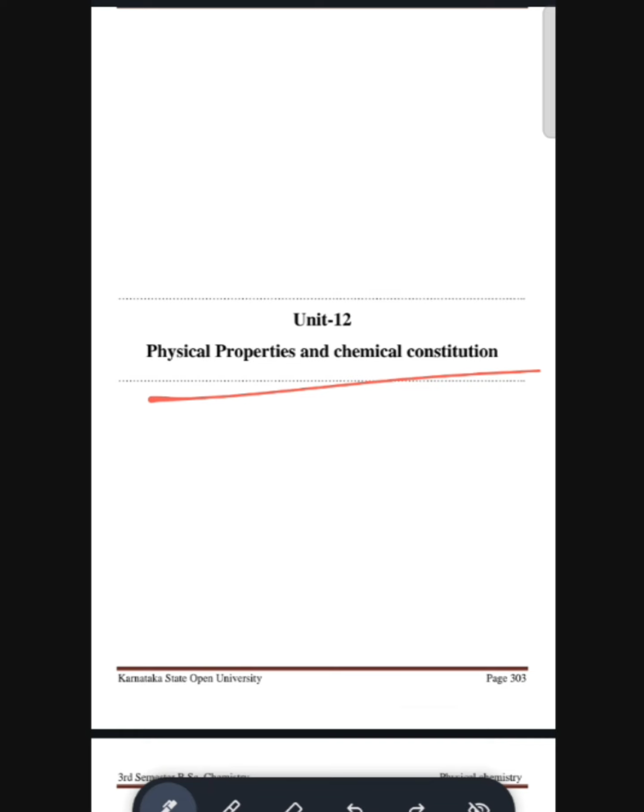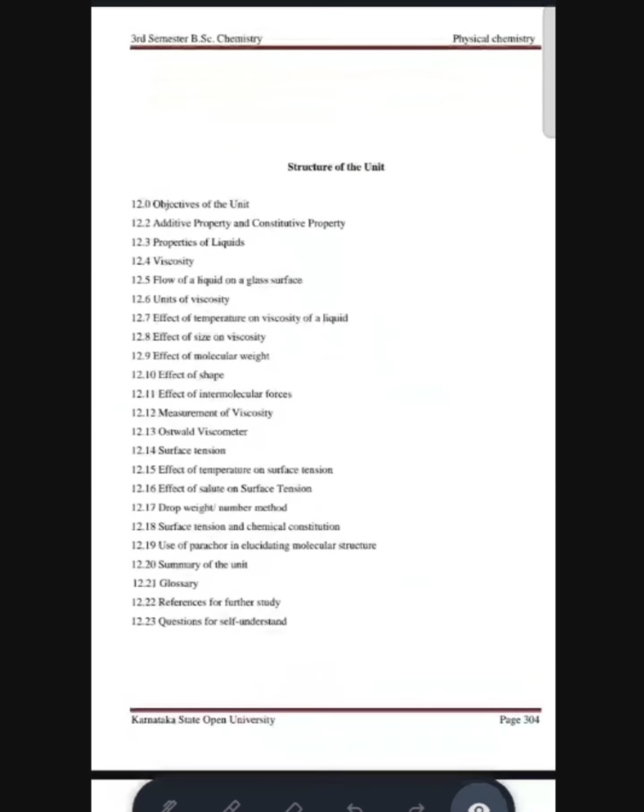So here we are going to study about the properties of liquid: viscosity, the flow of liquid on a glass surface, molecular weight, size, a measurement of viscosity, effect of temperature on surface tension, solute and their surface tension. This we are going to study, the physical properties and chemical constituents of liquid. This is only with respect to liquid.